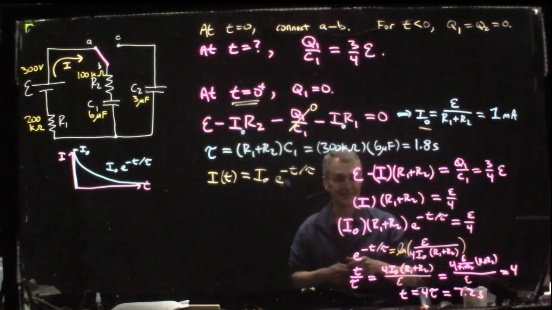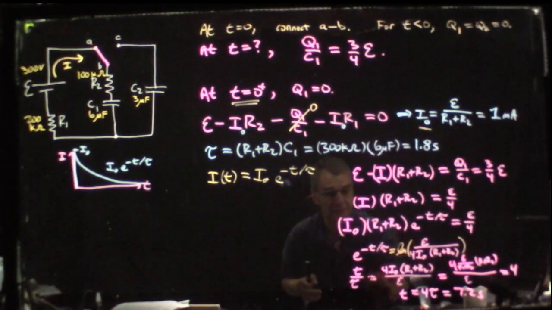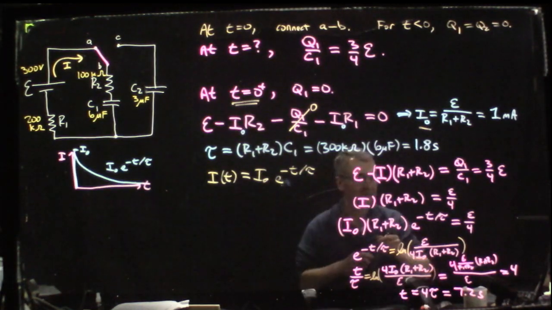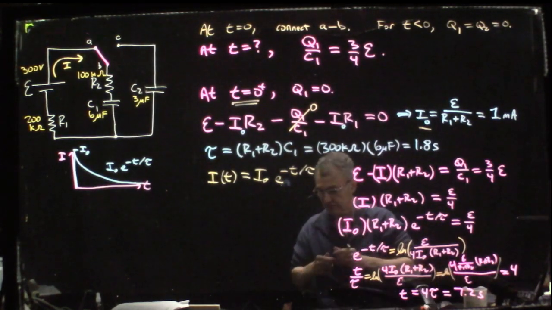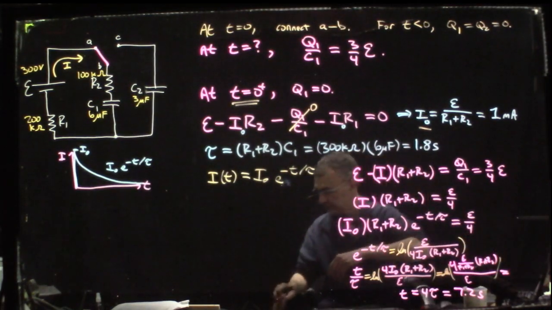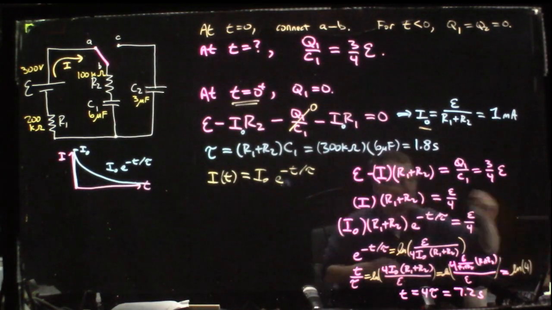Okay. And then this is the natural logarithm of this. And this is the natural logarithm of this. Okay, so then there's the natural logarithm of 4. Sorry. Natural logarithm of 4.